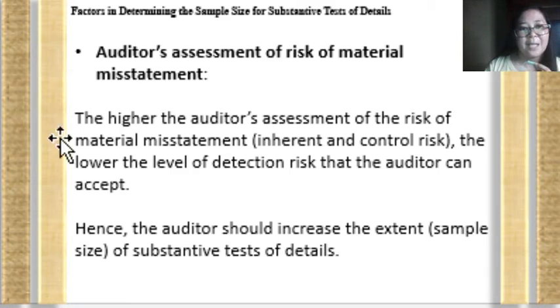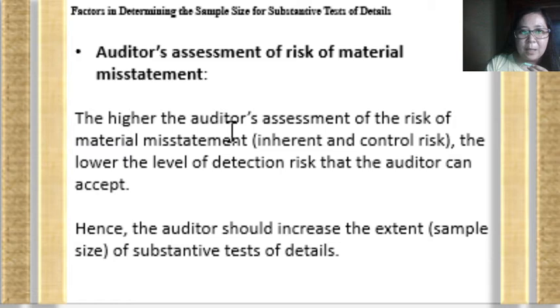Here, the higher the auditor's assessment of the risk of material misstatement, meaning this is based on the inherent and control risk, the lower the detection risk the auditor should accept. Because in this case, he should lower his detection risk so that the overall audit risk will also be lowered. What does this mean?